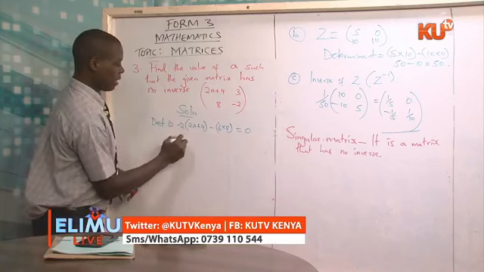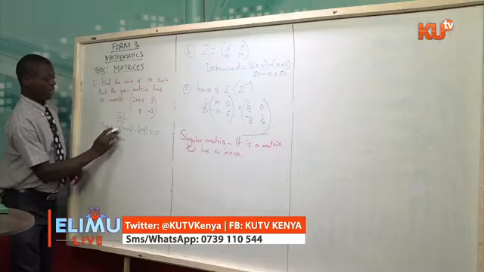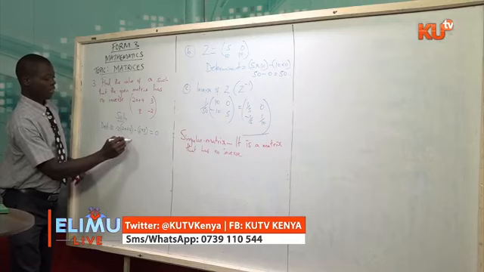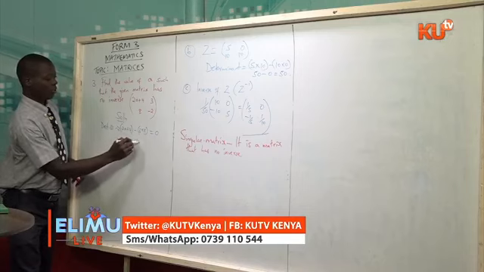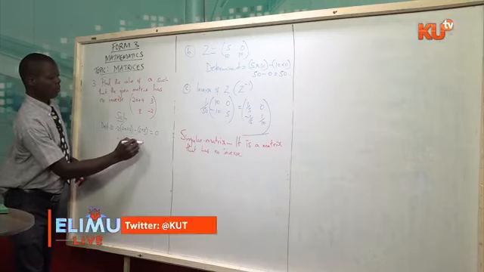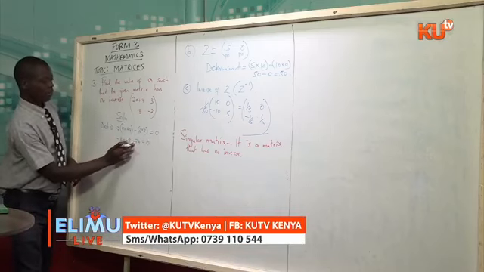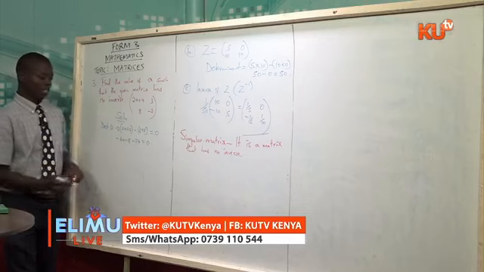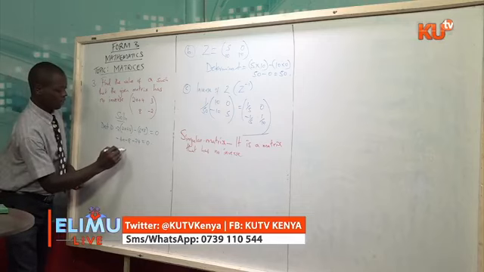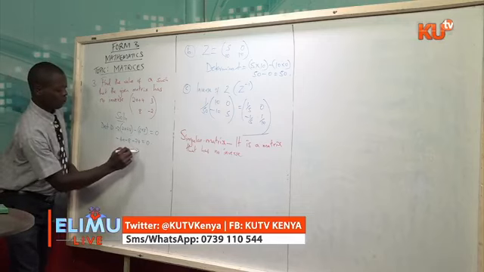So we expand, this will be negative 4A, negative 8 minus 24 is equal to 0. Minus 8 minus 24, that is minus 32. Therefore, minus 4A minus 32 is 0. Take this to the right side.